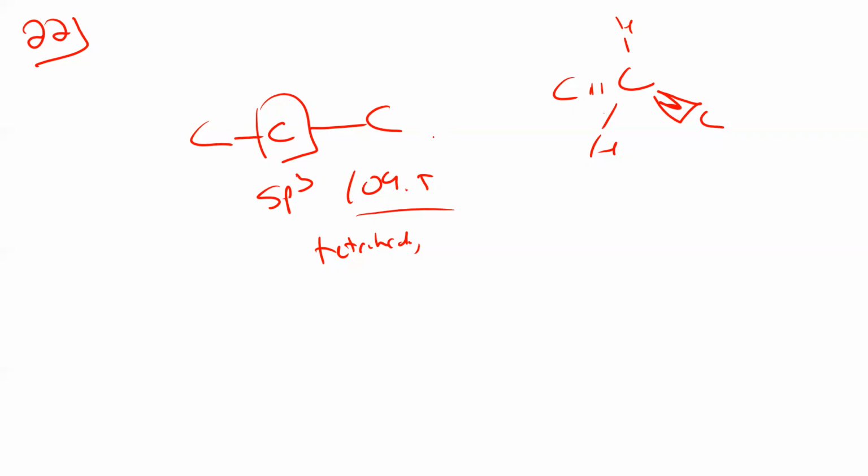23 is really easy. It says predict the shape of the water molecule, and that is bent. What number was that? I better write this better, otherwise I'm not going to be able to see what it is.